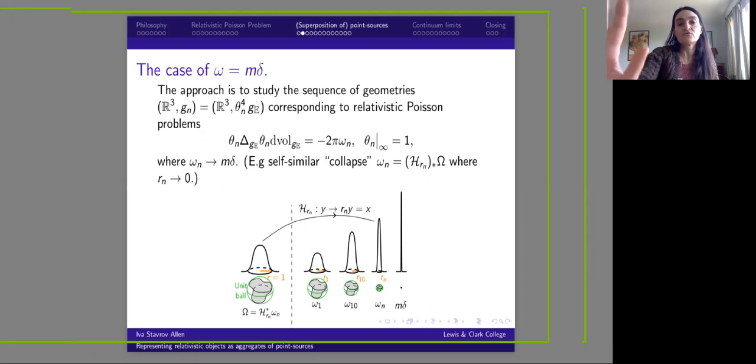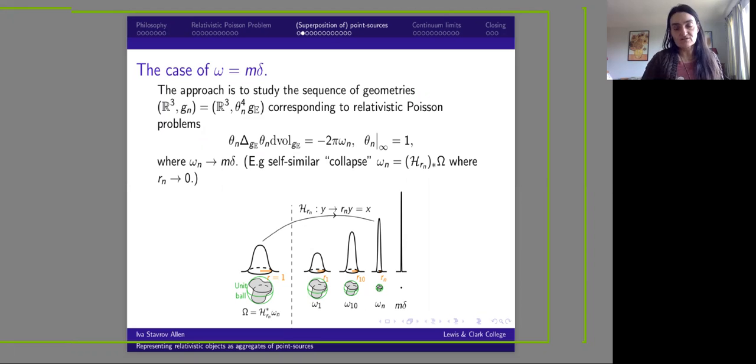So it's kind of a push forward, if you will, of a 3-form into R3. And these parameters R_n are becoming smaller and smaller, going down to 0. In effect, the matter distribution omega becomes more and more concentrated at a single point, but the total integral is the same. So this is really a sequential way of looking at the multiple of Dirac delta.